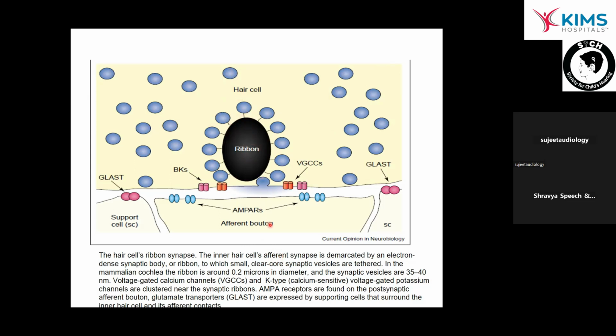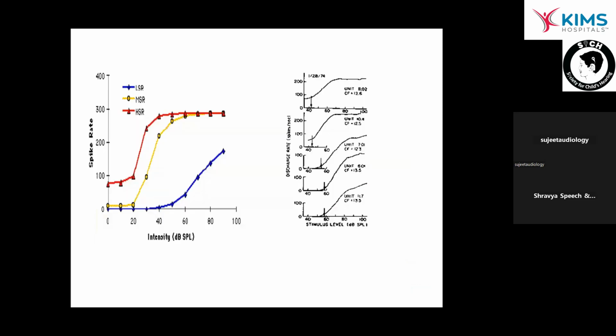So this ribbon synapse will help in improving the temporal aspect of the signal, because in the auditory nerve it is an all or none phenomenon, whereas the ribbon synapse does not have an all or none phenomenon. All or none means either the action potential is generated or it is not generated.